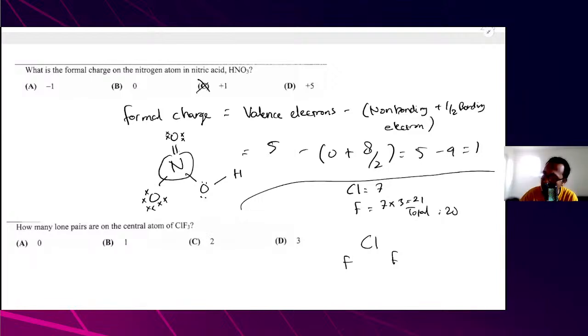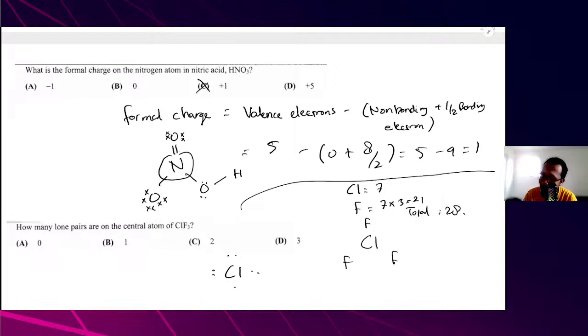28 electrons. Now, Cl is central, bonded to F, all right, and then assume we have 7, right? So Cl, and then 1, 2, 3, 4, 5, 6, 7. Okay, it will be something like this.